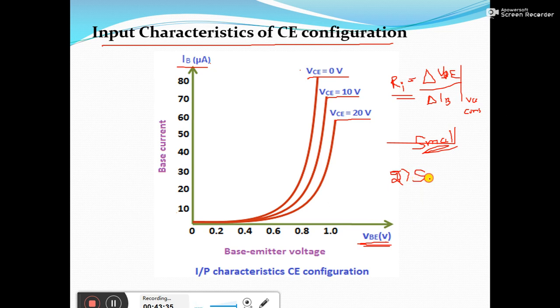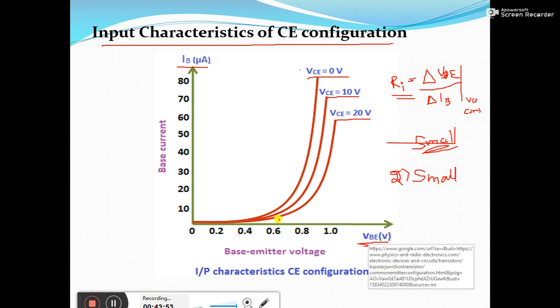Ri will be small, but here you have to do a comparison. You have to make an Ri comparison, an input resistance comparison, between the CE and CB configuration. In the case of the CB configuration, with a small increase in VB value, you will see a sudden rise in current, but here the current is rising at a slower rate compared to that of the CB configuration.